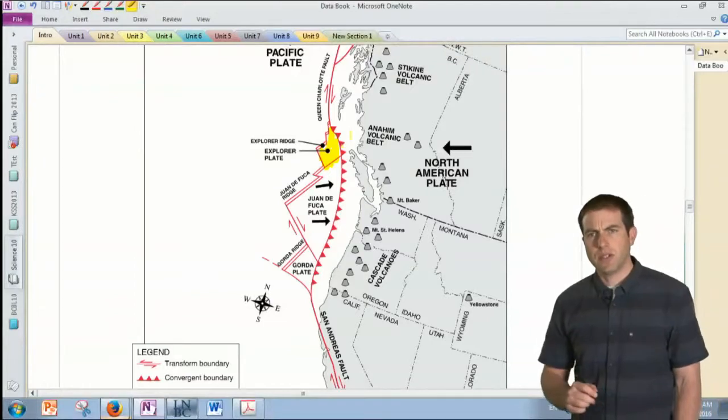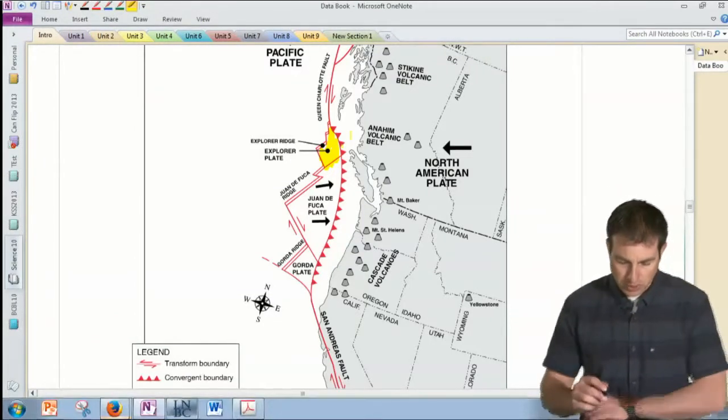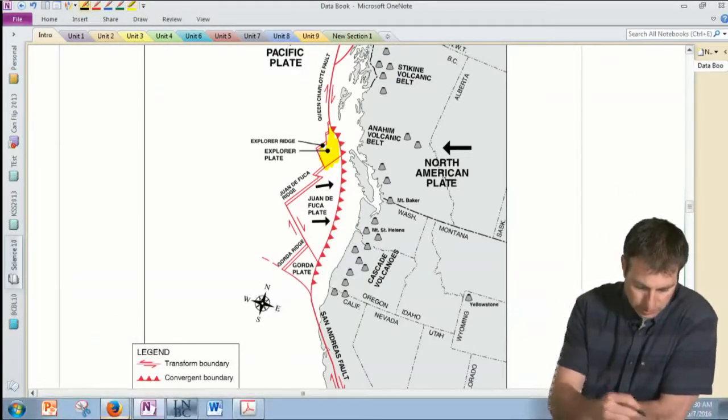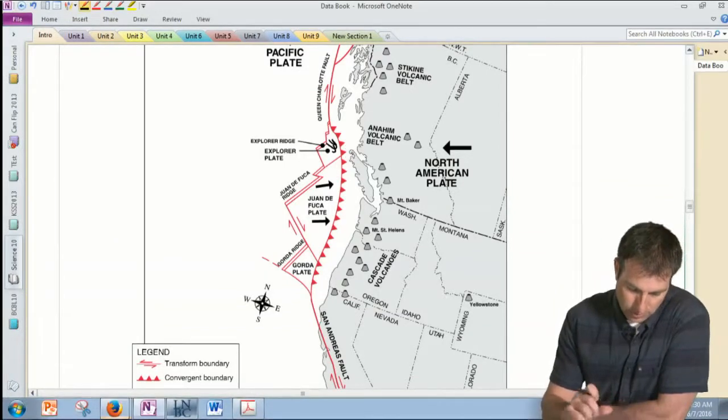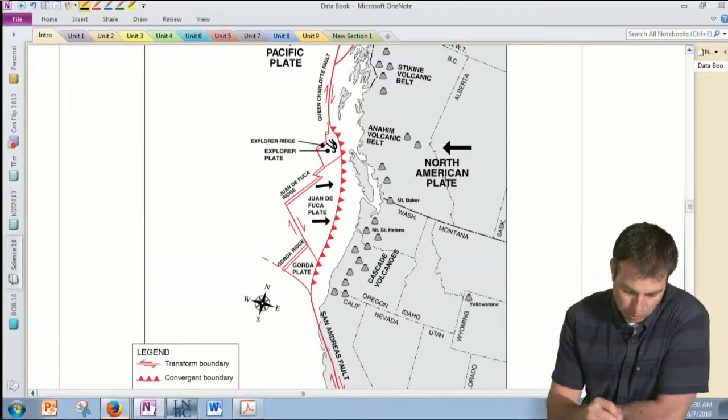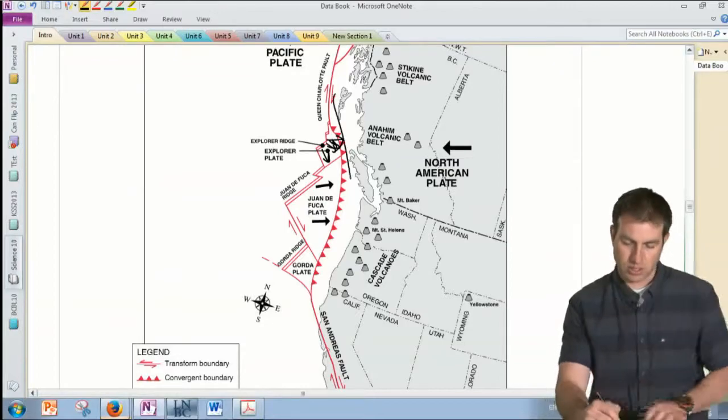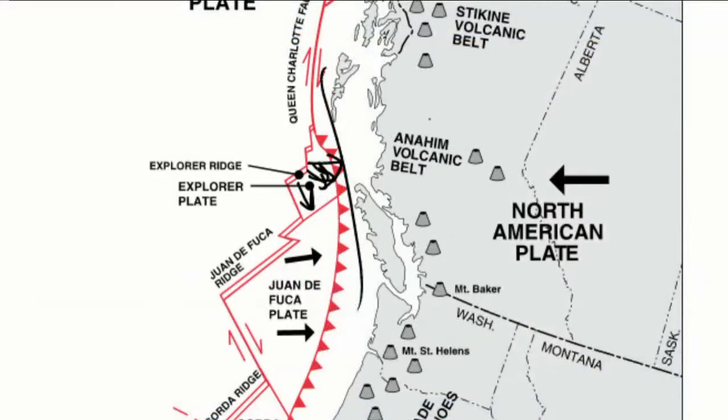And then I have to figure out why that plate is moving. You can see that there's a bit of a divergent edge, meaning that it's getting pushed in this direction, and then it's getting subducted there. So the Explorer ridge is causing this plate to get pushed in this direction, and it's getting subducted under the big plate.